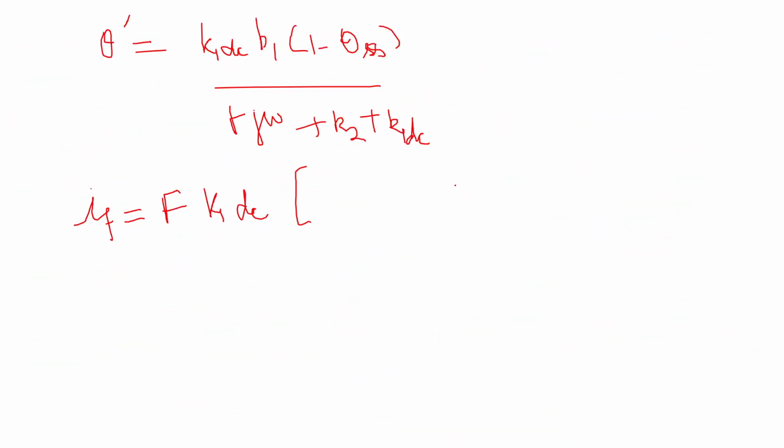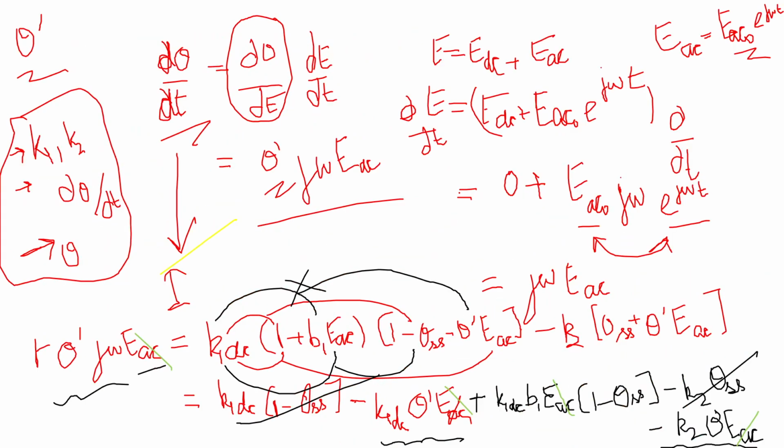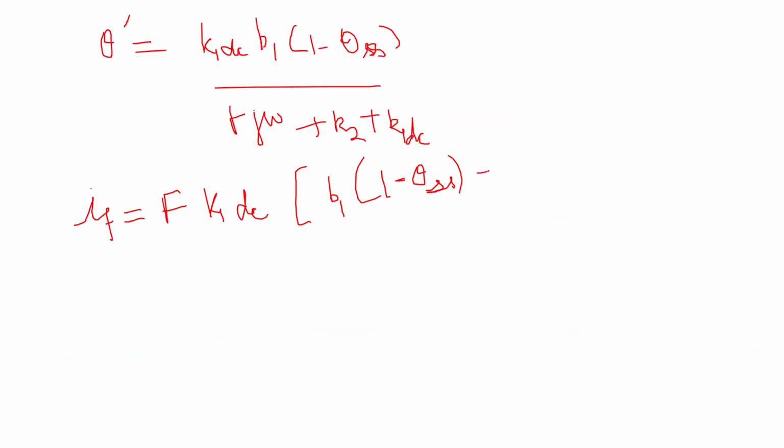B1 into 1 minus theta SS, minus theta dash. So here you will substitute the value for theta dash, and into EAC, which I am taking this side.